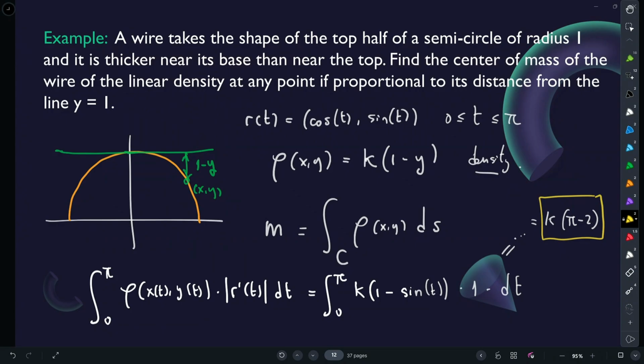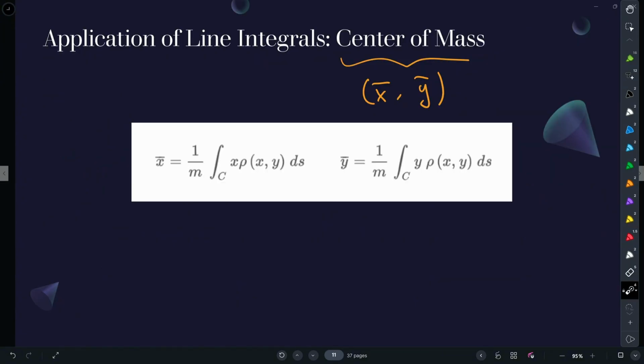That is the mass of the rope, of the wire. Okay? And now I compute the two moments, the center of mass, the x coordinate and the y coordinate.